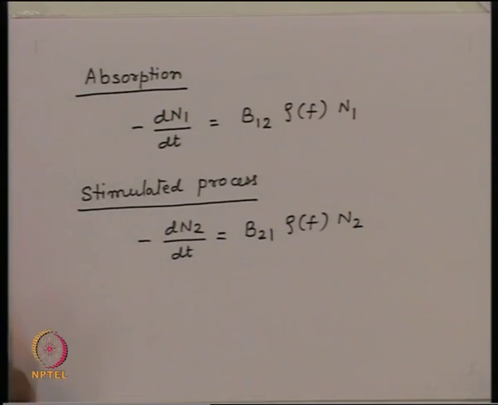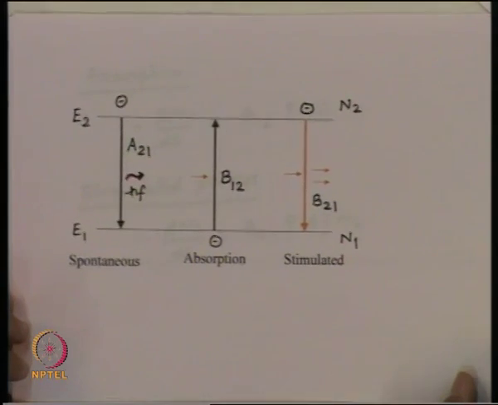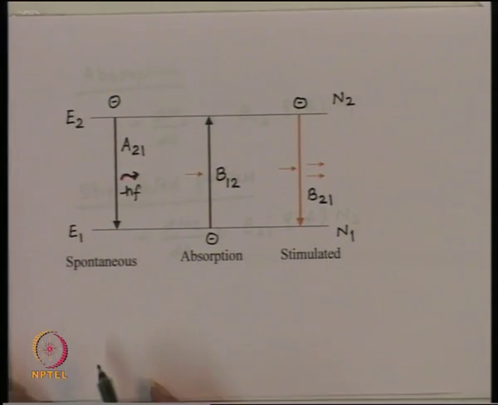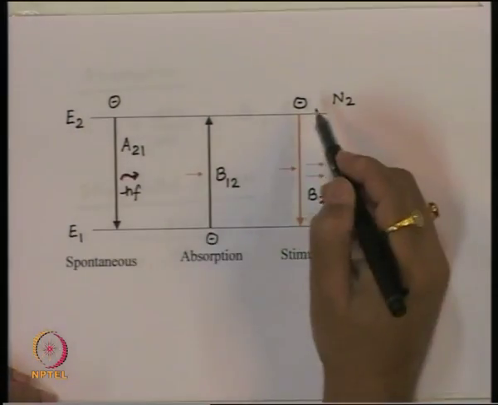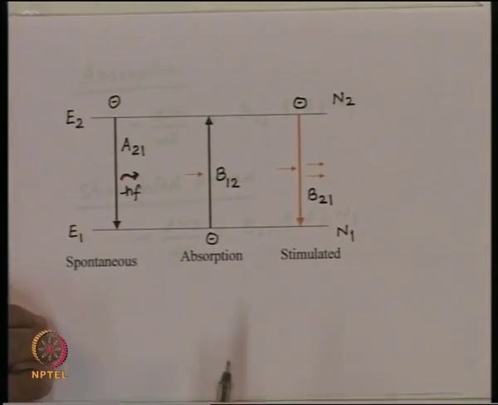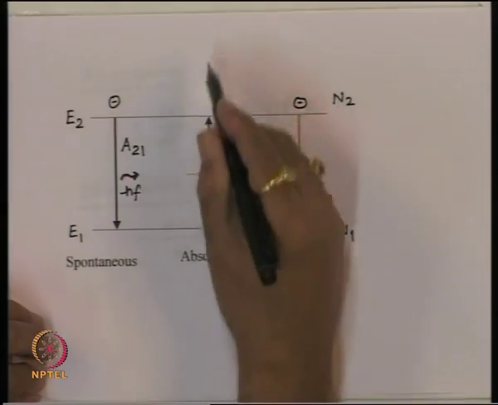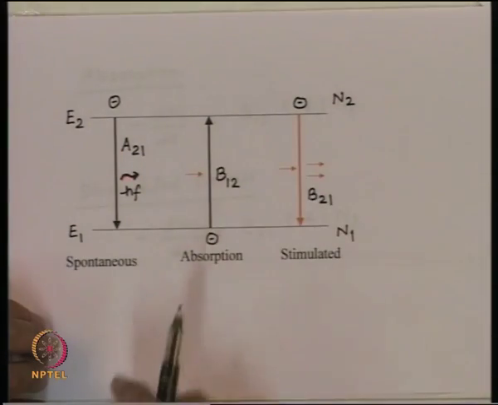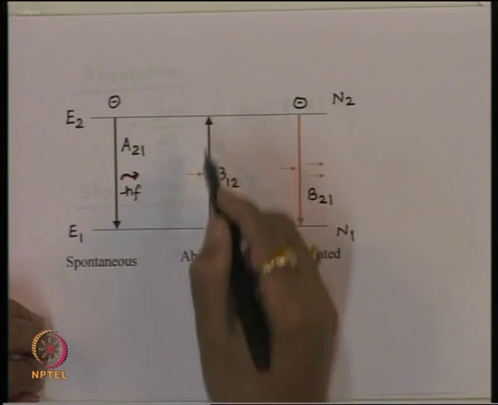So, now we have got three processes simultaneously operating inside the material. There are two processes which are bringing the electrons down from the excited state to the ground state, and there is one upward process which is taking electrons up from the ground state to the excited state.